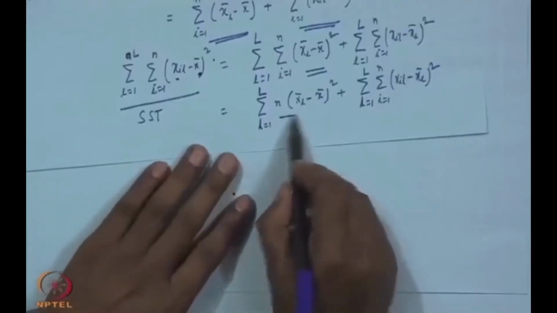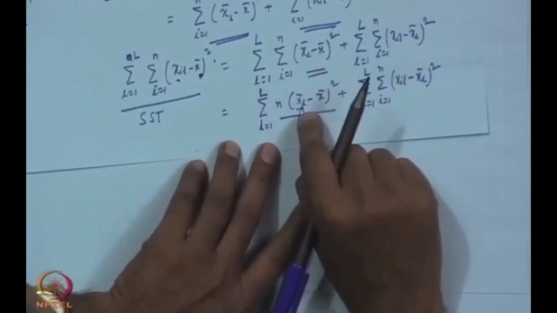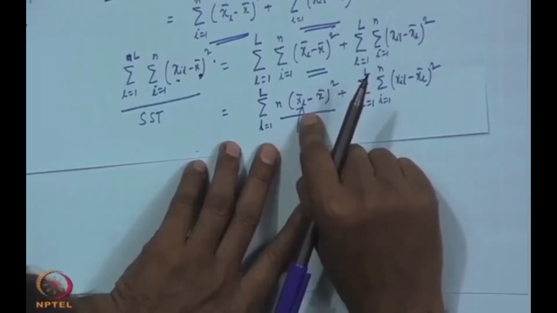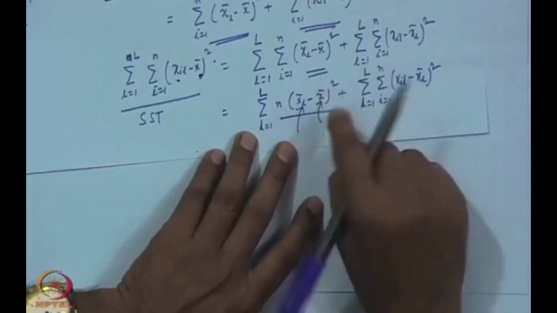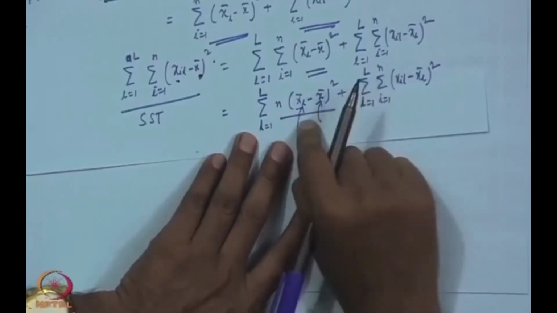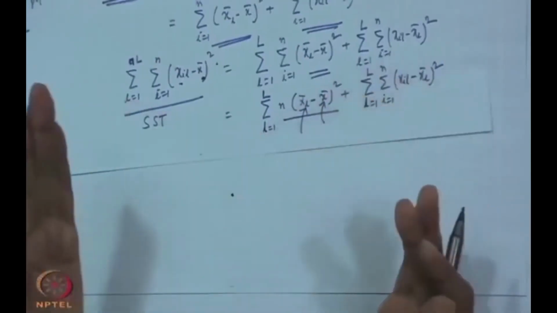That sum you have taken. XL bar is the sample average for the Lth population, and X bar is the grand sample average, the difference between the two, and then these you have squared.